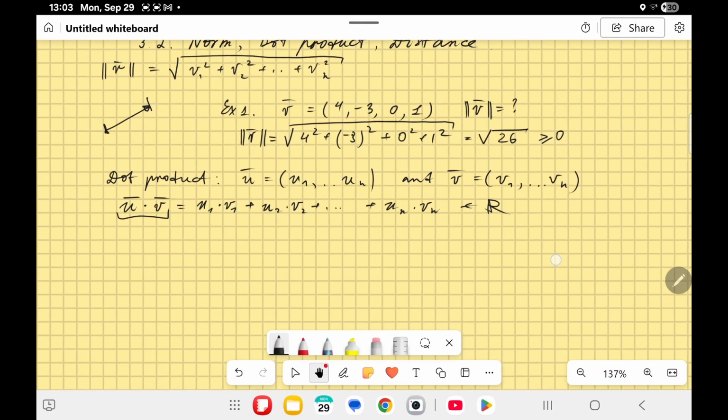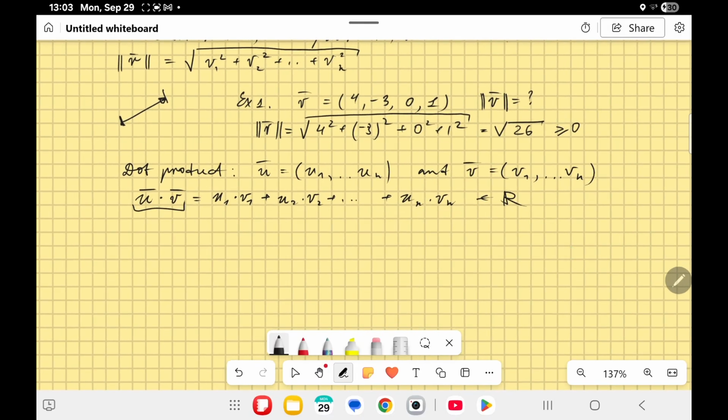Okay? I'm going to find the dot product between the same vector v I had over here and an extra vector u, which I'm just going to arbitrarily pick: 1, 2, 0, 1. So what is going to be the dot product between u and v? Well, we multiply 1 by the first component, which here is 4: 1 by 4 plus 2 by negative 3 plus 0 by 5 and plus 1 by, again, negative 3.